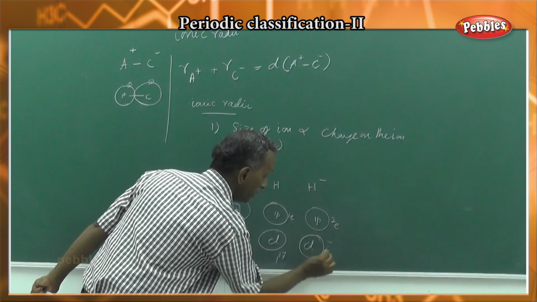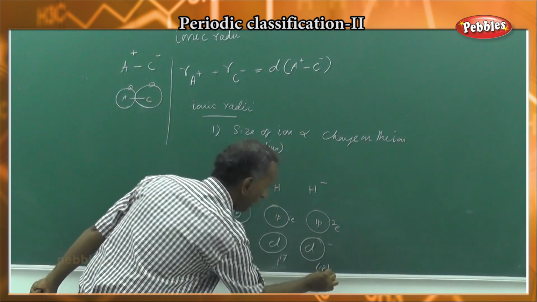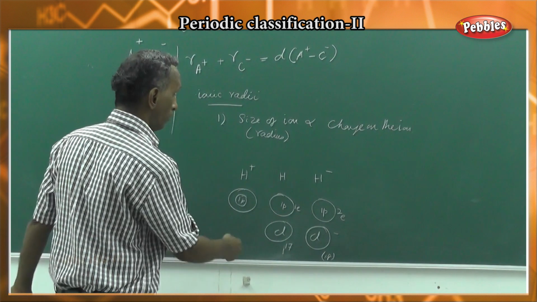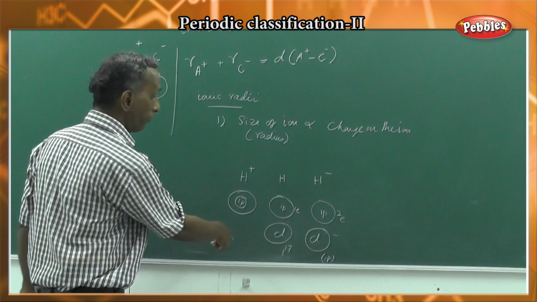Here in Cl minus there are 18 electrons. There is also Cl plus, in interhalogen compounds, with 15 electrons.